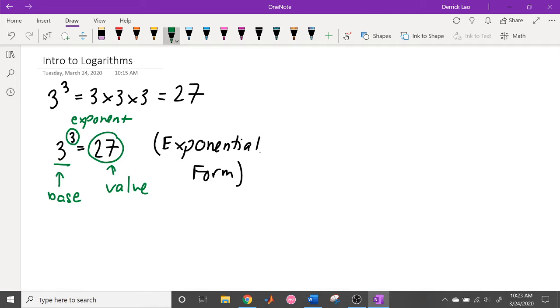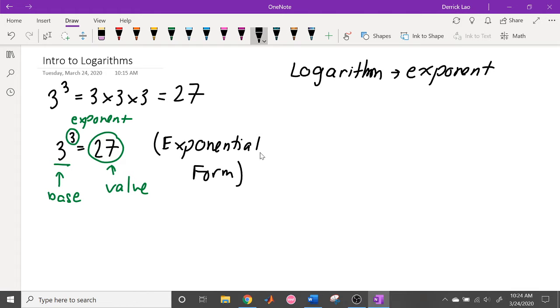And then this is our exponential form. Now, logarithmic form. Actually first, a logarithm, in simple terms, is just another word for an exponent.